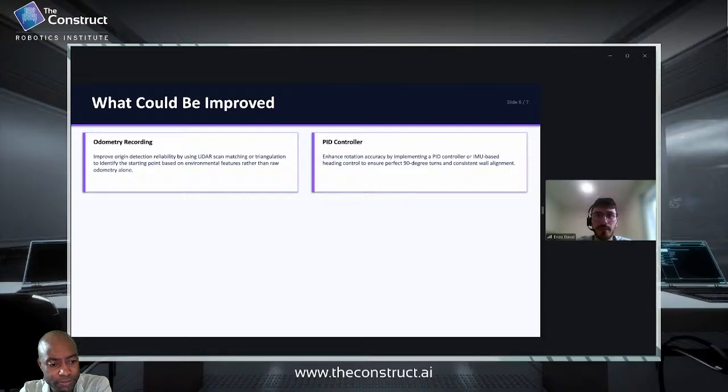Instead of looking at the points of the odometry, a good solution would be to do some calculation using triangulation, for example, knowing the size of the robot, its position, where the origin point is and the distance traveled, we could determine if the robot went through the origin point, even if the robot was fast and the odometry recording was not exactly at the origin point.